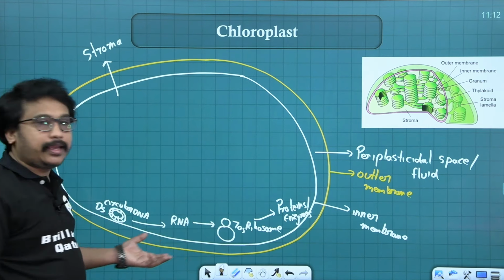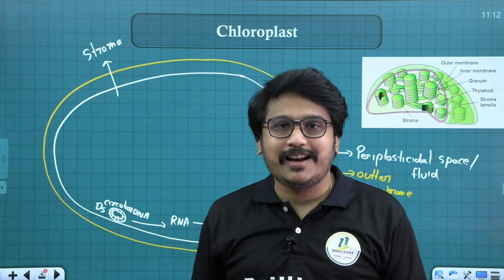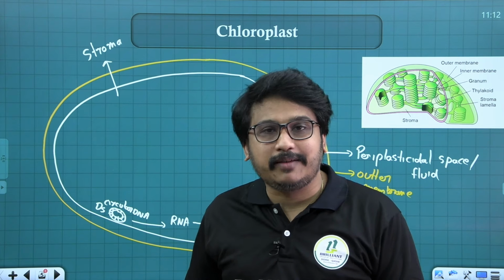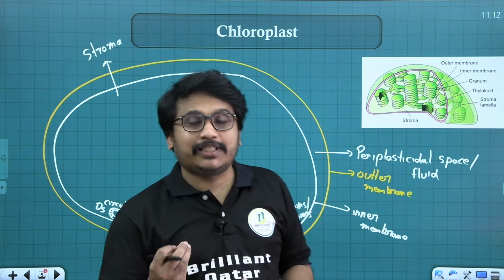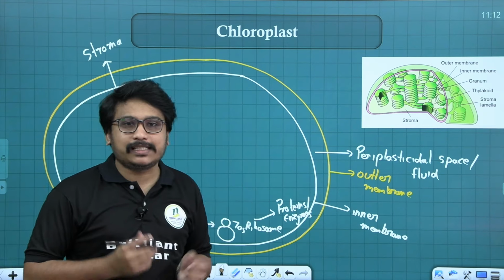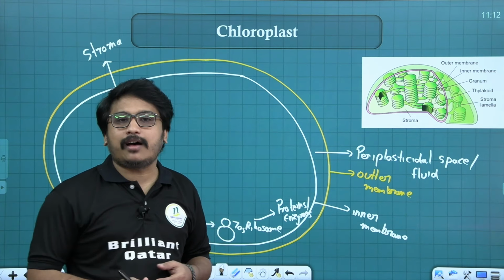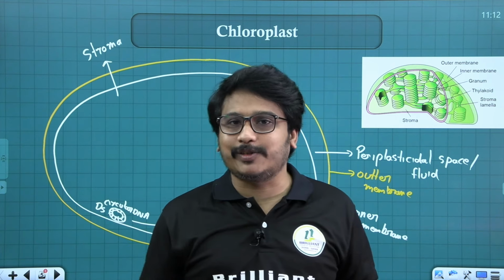So understand, it's partially like a cell. They have their own DNA, RNA, ribosome, even enzymes and proteins present in the stroma. And which type of ribosome is present in chloroplast? The answer is 70S. Generally when we ask students what type of ribosome is found in eukaryotes, they will say 80S only.